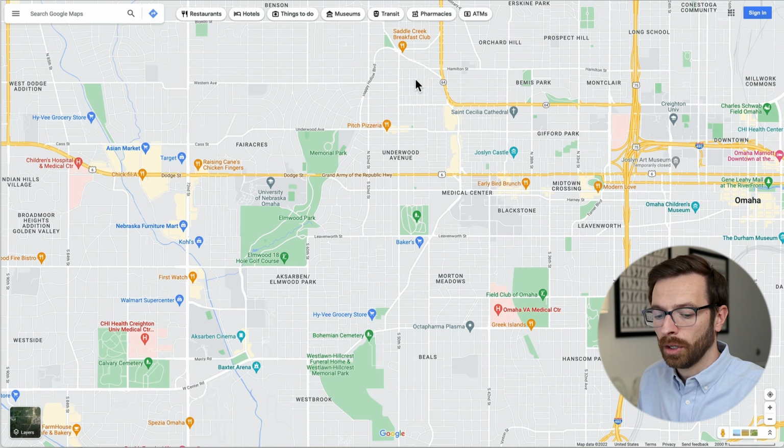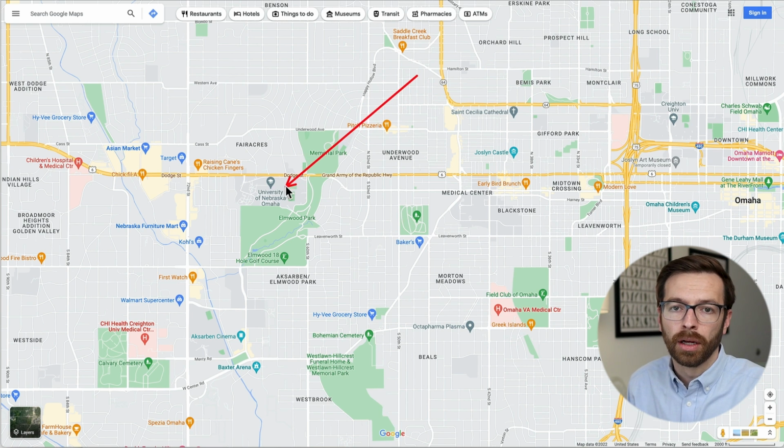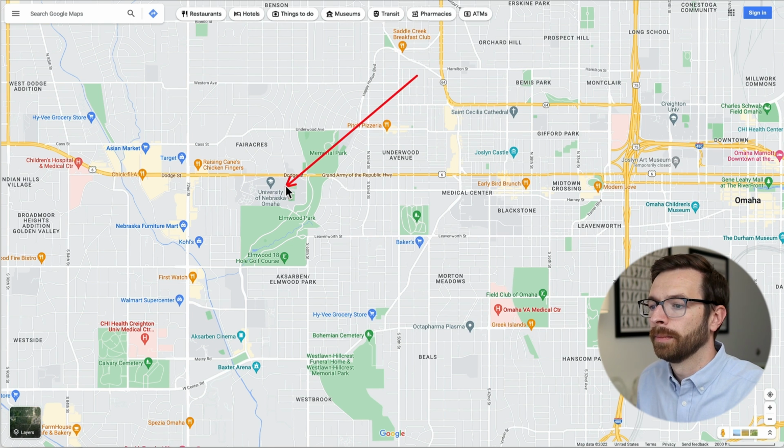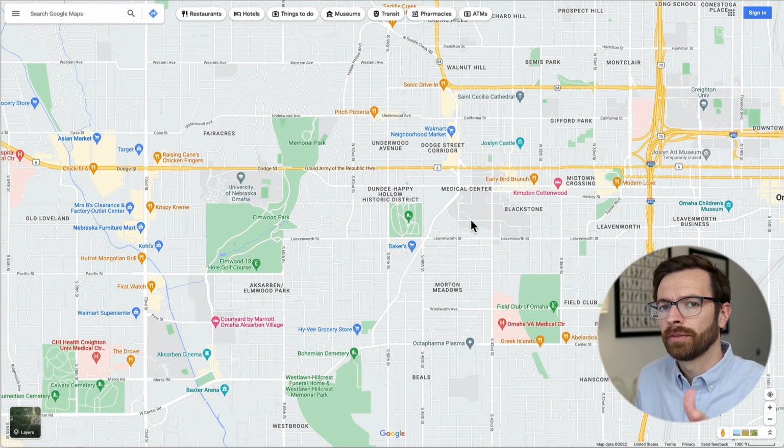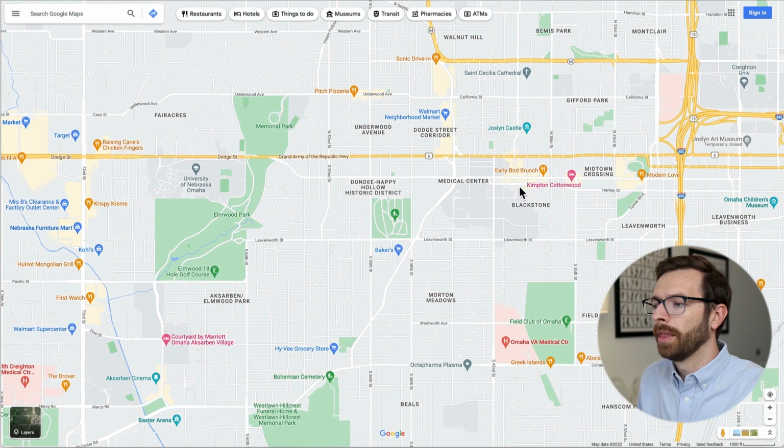That is going to be right here. So that's University of Nebraska, Omaha. It's also called UNO. You may see it as UNO. It's not UNO, it's UNO. So that's where University of Nebraska, Omaha is located. Now, the one other big place is the UNMC, University of Nebraska Medical Center. That's going to be right here.